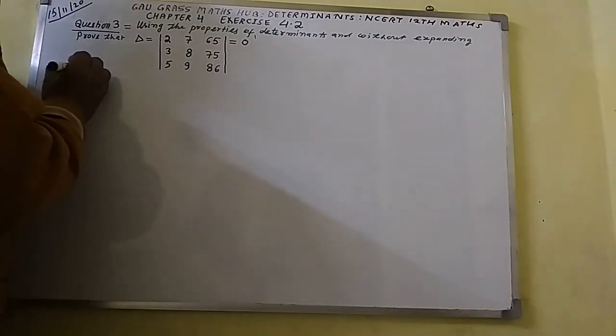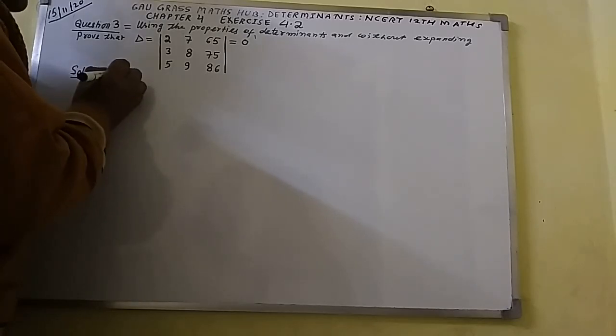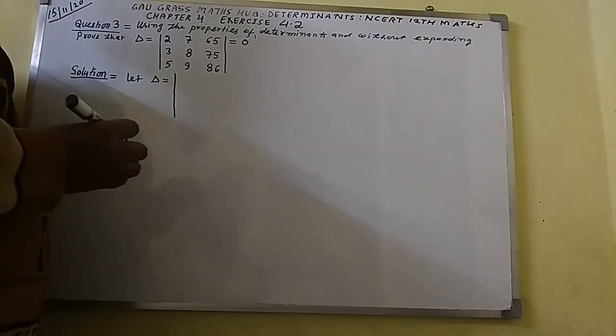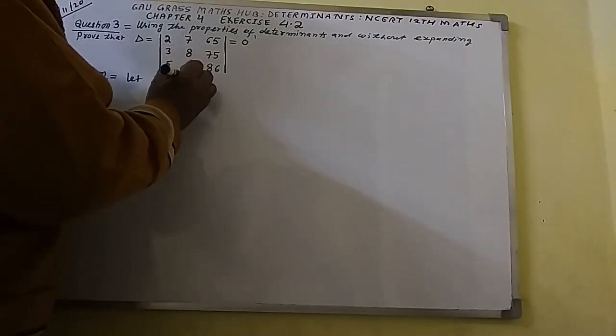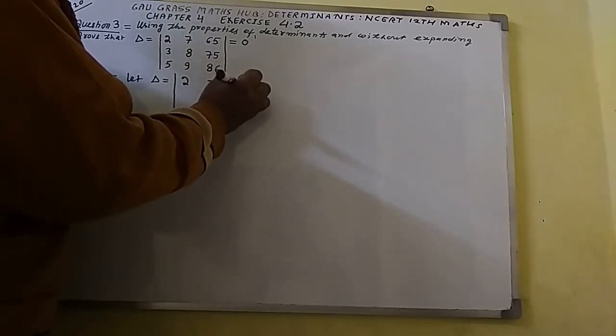Here I shall write the solution. Let the determinant equal to, opening of vertical line. The elements of the first row I am going to write here are 2, 7, 65.